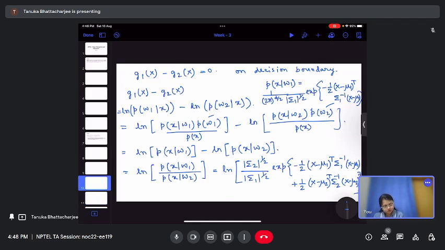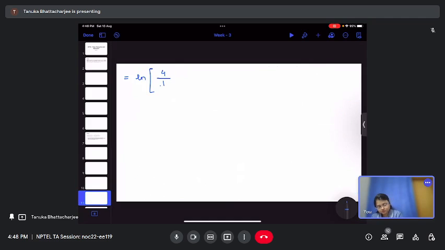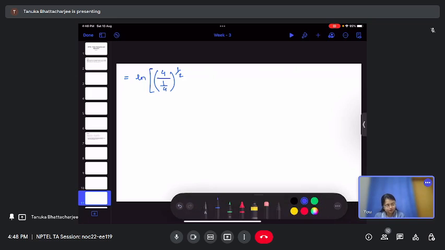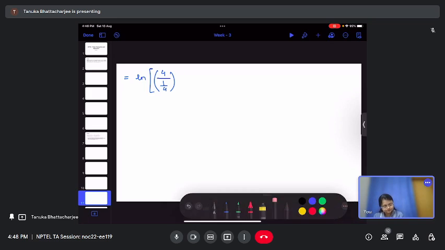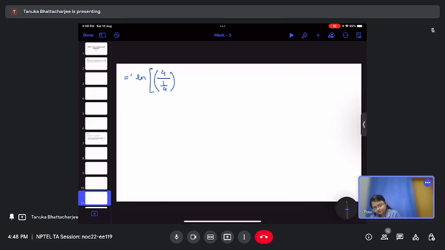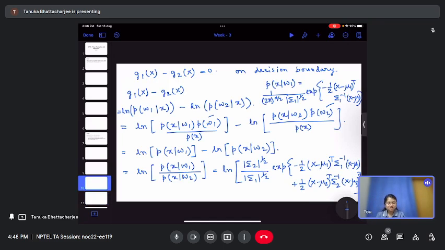So half, or we can put the half outside. This plus log of exponential, that will cancel out, we will have just the term within the exponential.